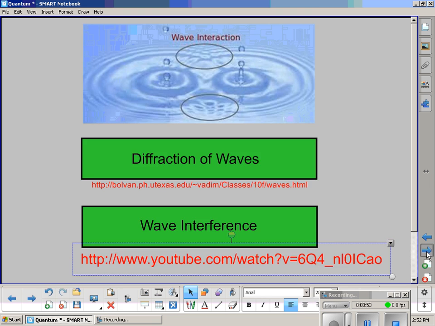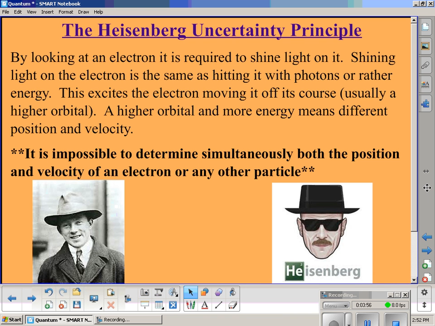Okay, moving on: the Heisenberg uncertainty principle. Perhaps you've watched the show Breaking Bad, where one of the actors says he's Heisenberg, and nobody really catches the humor unless they know who Heisenberg is and what the uncertainty principle is about. Well, as we noticed in the Bohr model, if light strikes an electron in the form of a photon, it makes the electron change its position.